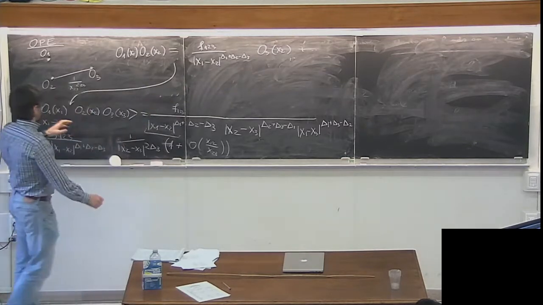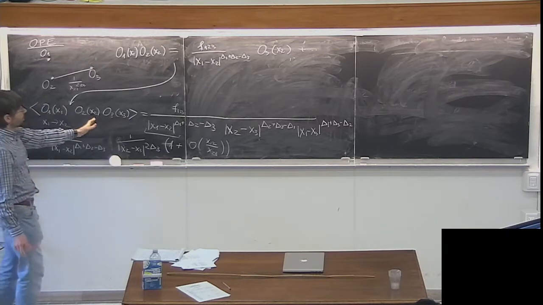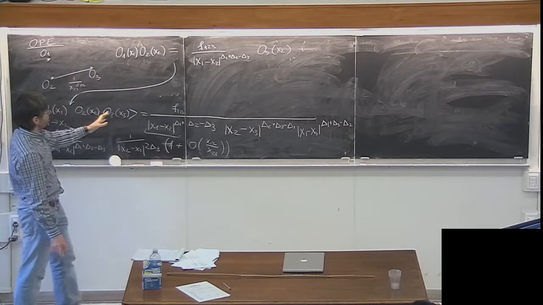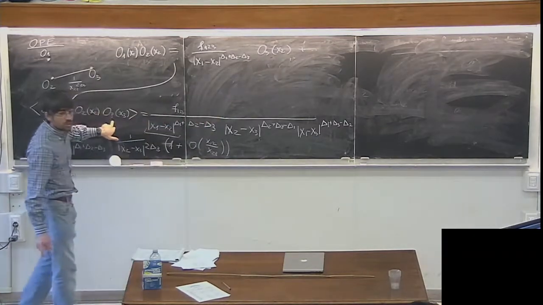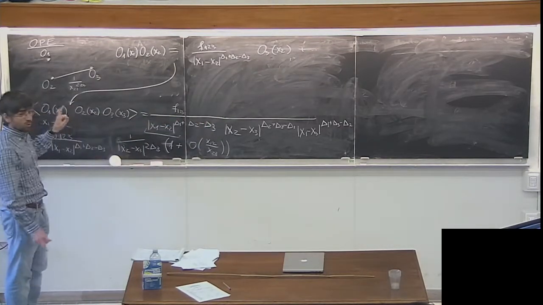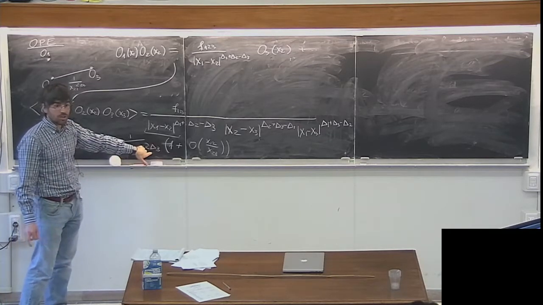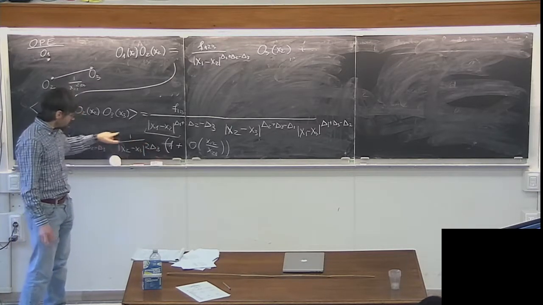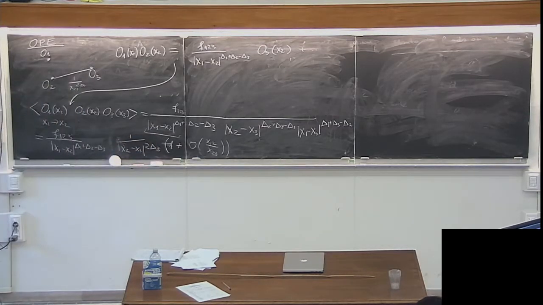Then I reduce my 3-point function to the 2-point function of operator O3 at the point x2 and operator O3 at the point x3. But this 2-point function is, of course, equal to 1 over x2 minus x3 to the power 2 delta 3. So I reproduce the leading asymptotics of the 3-point function.